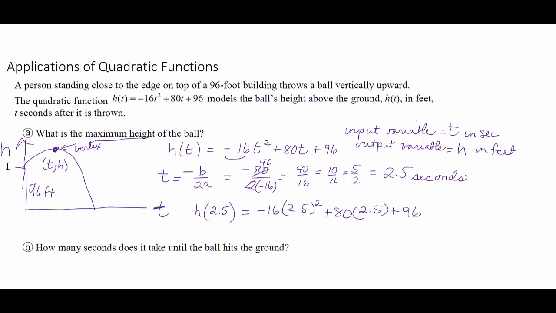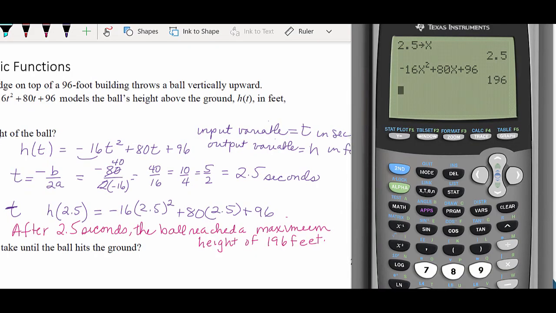Okay, so here's my calculator. I went ahead and stored the 2.5 into x and used the equation, and I got 196. So what does that mean? Well, here's my conclusion statement. After 2.5 seconds, the ball reached a maximum height of 196 feet.